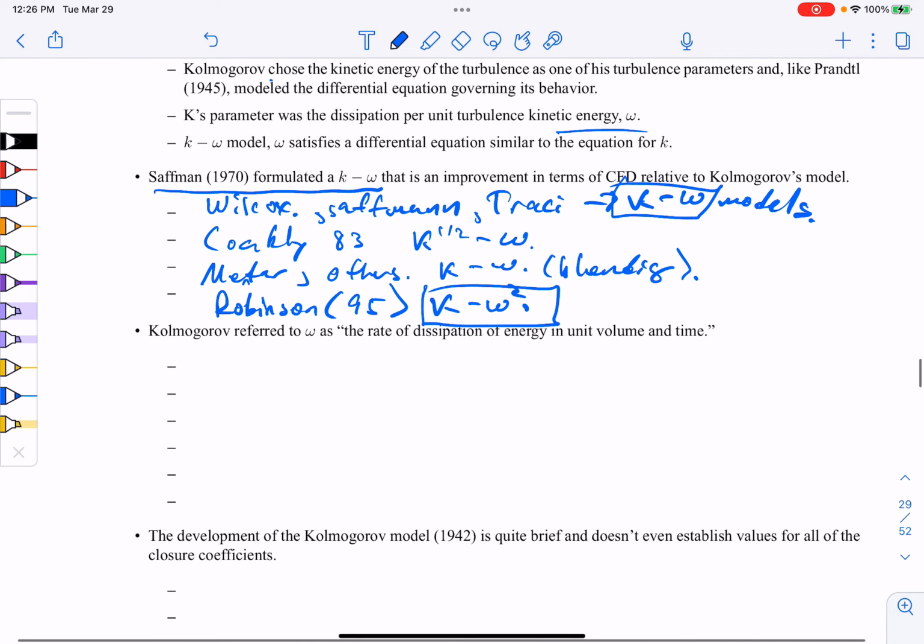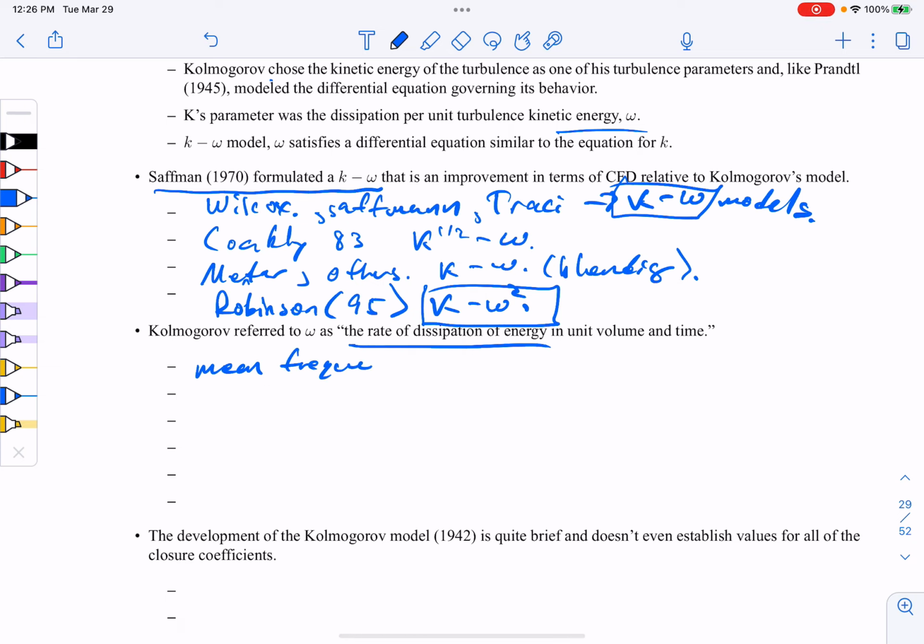Kolmogorov, like I mentioned, called this the rate of dissipation of energy in unit volume and unit time. You can interpret that in a few different ways. Some might see it as a mean frequency, and it might go as omega equals c k to the half over L, where c is a constant.